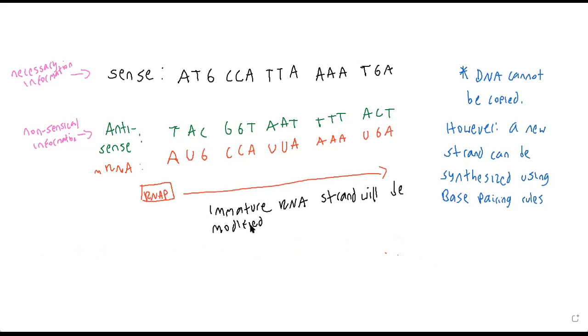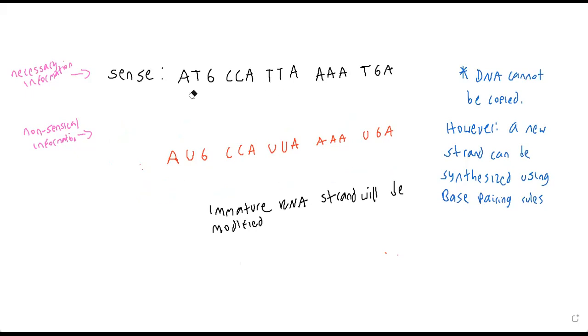It's going to undergo 3 modifications. The first one is that it's going to have introns excised out. Now you're probably saying, what is an intron? Well, I'll explain that.